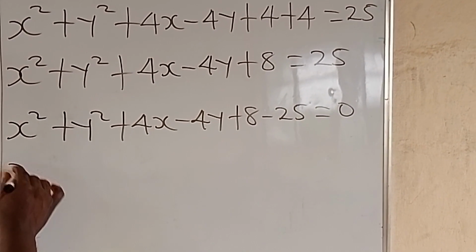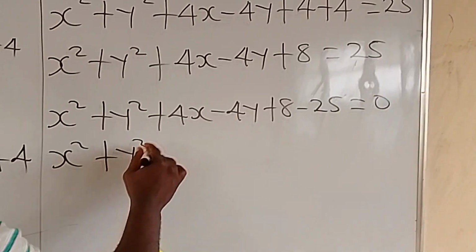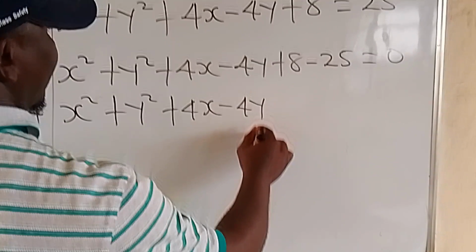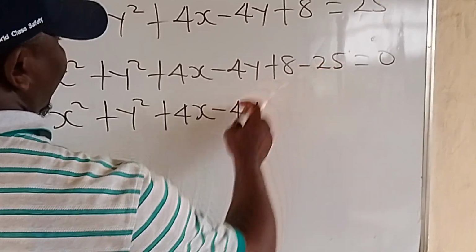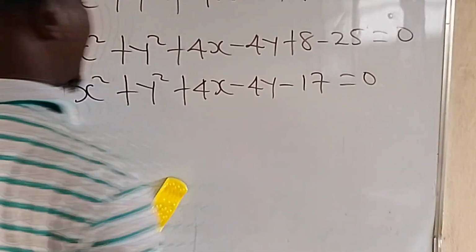So our x squared plus y squared plus 4x minus 4y, since 8 minus 25 will now give us minus 17, equals to 0.